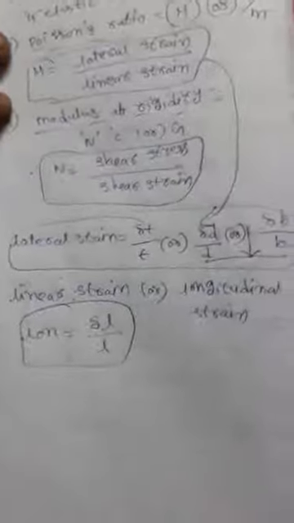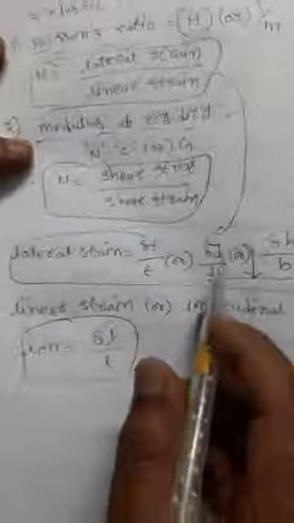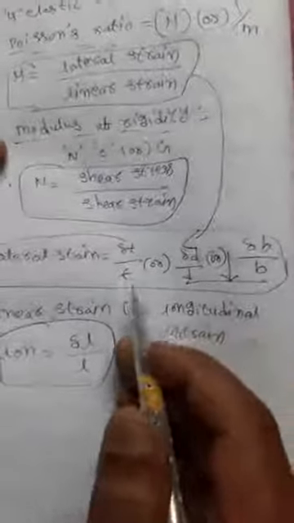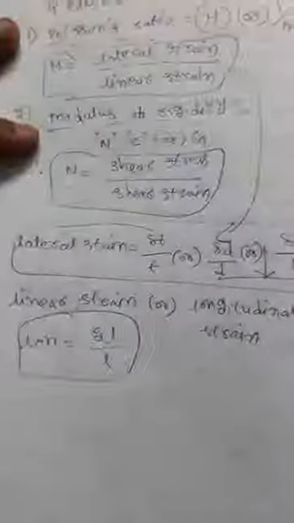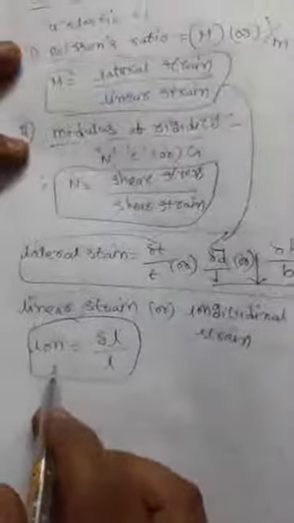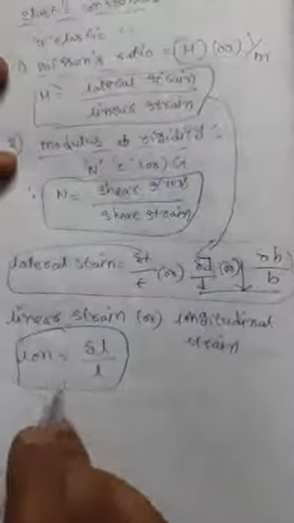Only change in length by original length is a longitudinal strain. Except thickness, diameter, breadth or height, these do not come under longitudinal strain. Only change in length by original length is longitudinal strain.